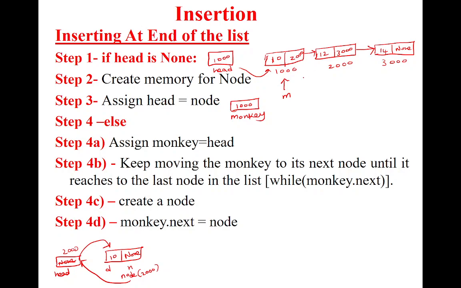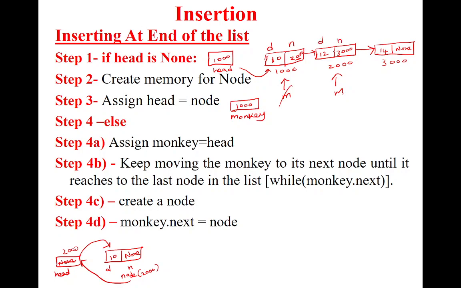So how do we know it is the last node? If there is None, we will stop. If it is not None, then the monkey checks monkey of next. This is monkey of data, this is monkey of next. If monkey of next is not None, the monkey will go to the next node. Then it will check monkey of next again.